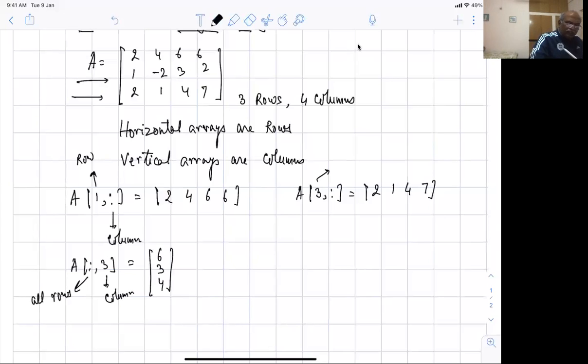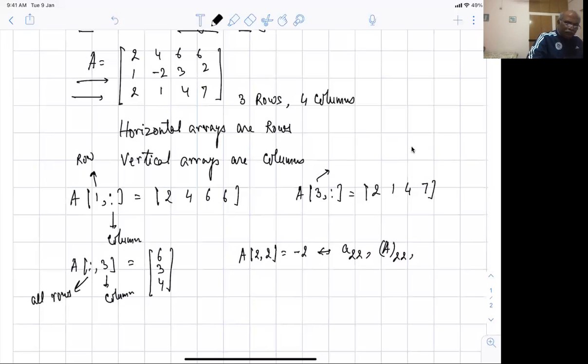If I want to look at just some entry, say, suppose I want to look at the second row and second column, this entry is minus 2. Fine. Sometimes we may write it as A 2, 2. Sometimes I may write it as A of 2, 2. So depending on different times and problems, or my mood and things like that, I may write it differently.